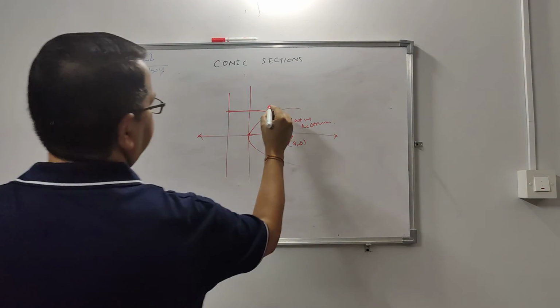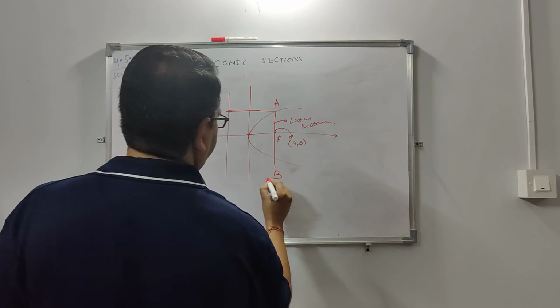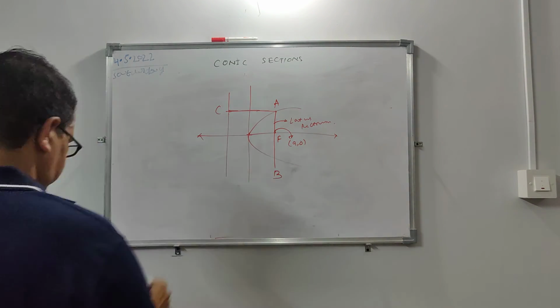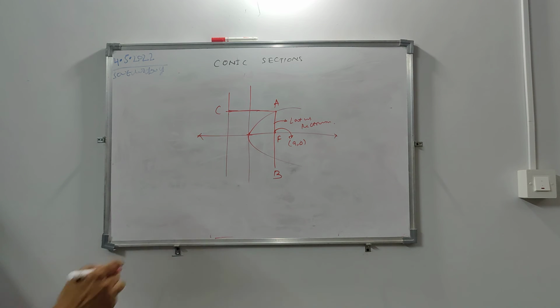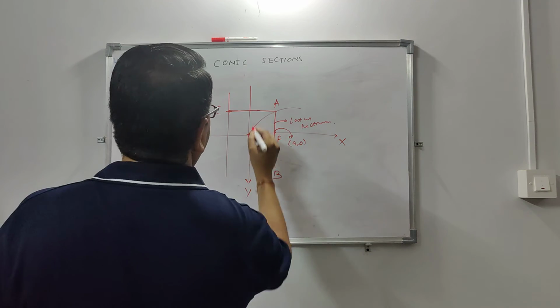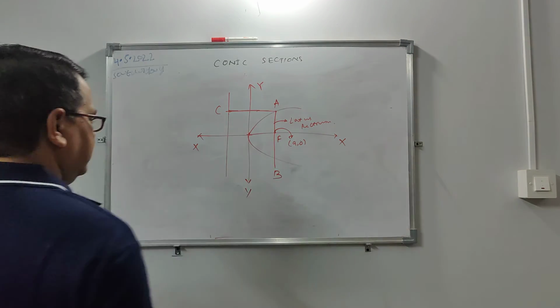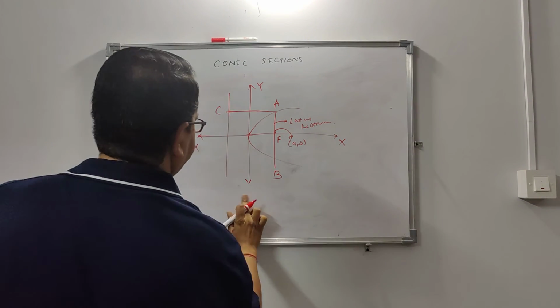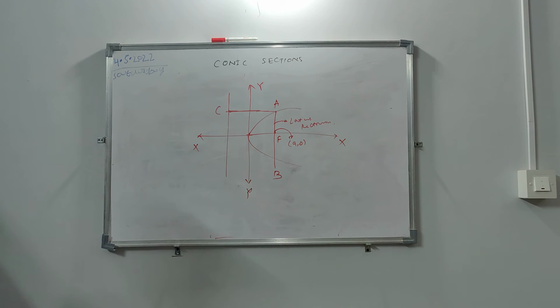Let us say this point is A, this point is B, and this point is C. So this is the x-axis, and this is y, y dash.